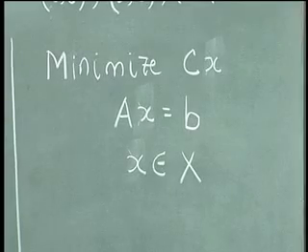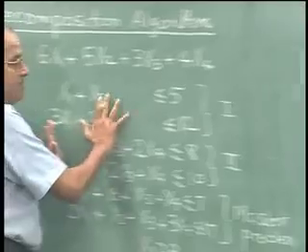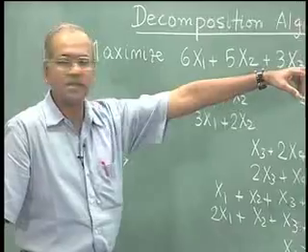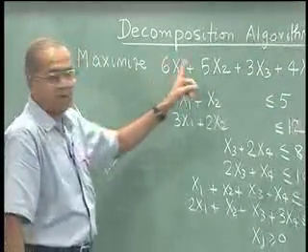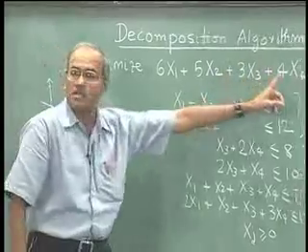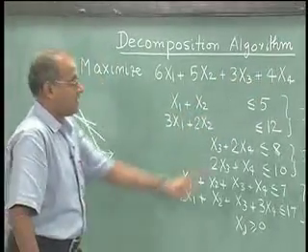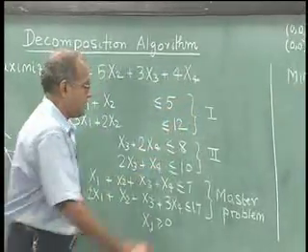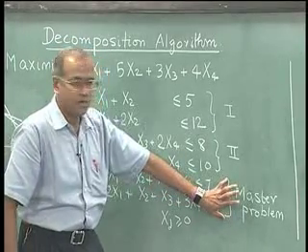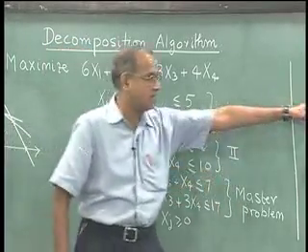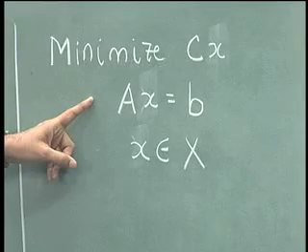Now, when we apply this, the minimize Cx is intact, because that is the same as minimize minus 6 x1 minus 5 x2 minus 3 x3 minus 4 x4. Now, Ax equal to b are actually the master constraints. So, these two are the ones that are associated with this Ax equal to b.